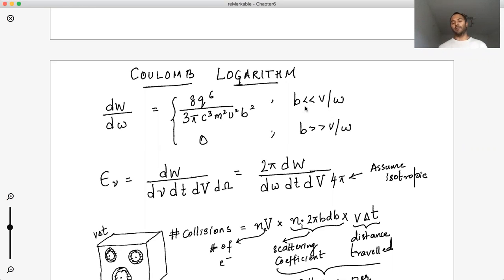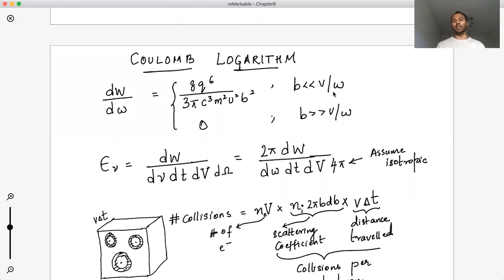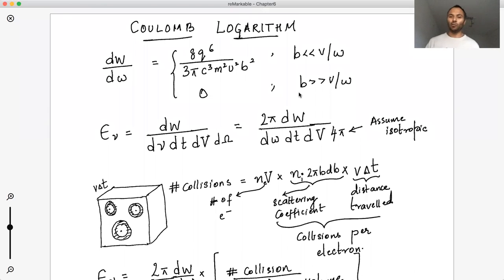Now notice that instead of saying omega far less than v by b, I've just said b far less than v by omega. This will become obvious when we go through some more steps, why I've cast it in terms of b and not in terms of omega. Anyway, our focus right now is on that b, how things change with that impact parameter, and how we can take an ensemble average over all different values of impact parameters.